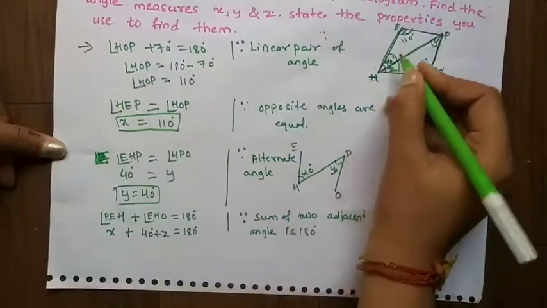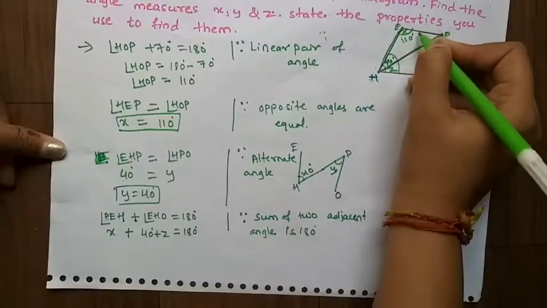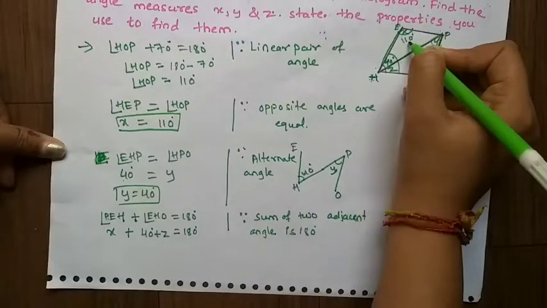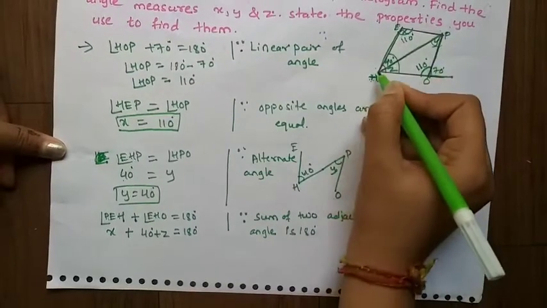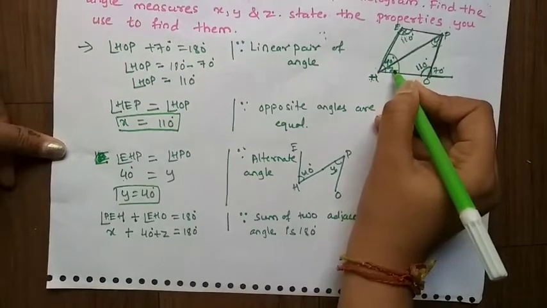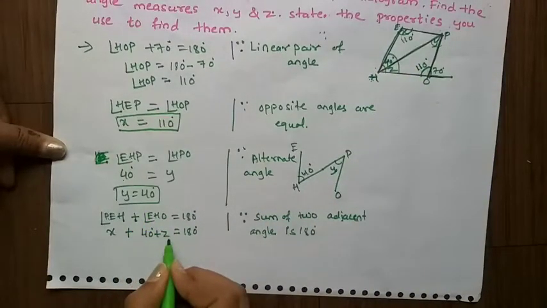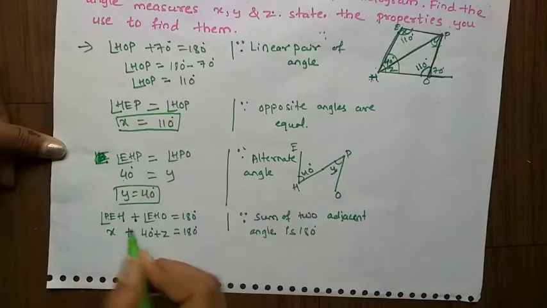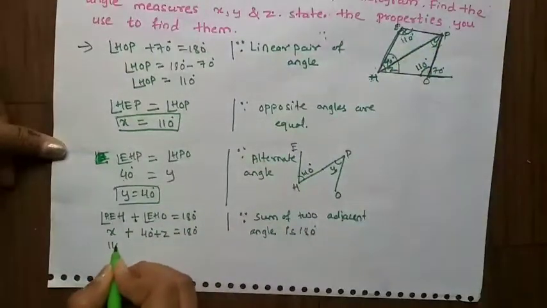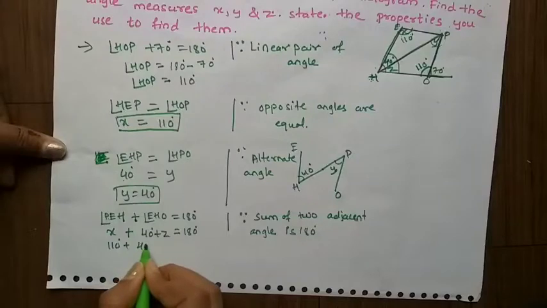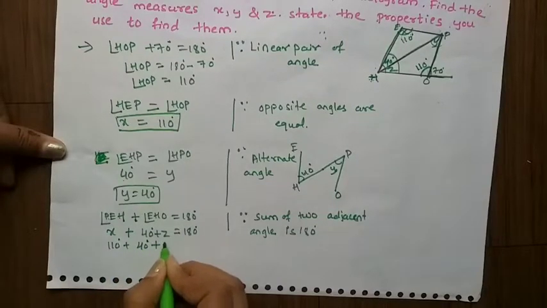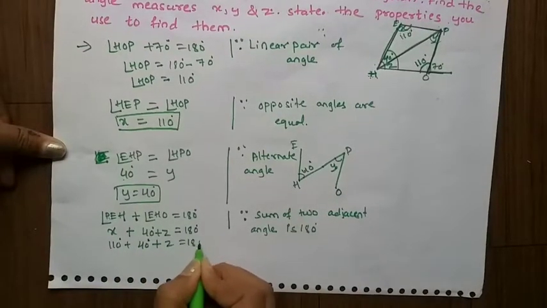Again I am telling here E has a single angle value, that is X, which is 110 degree. But H has adjacent angles here, 40 plus Z. So EHO is 40 degree plus Z. Here X is what value? 110 degree plus 40 degree, keep as it is. Here we have to calculate the Z value. So Z keep as it is, equal to 180 degree.